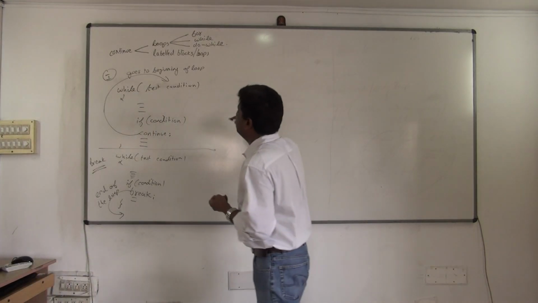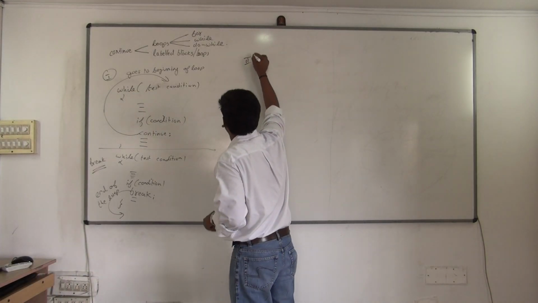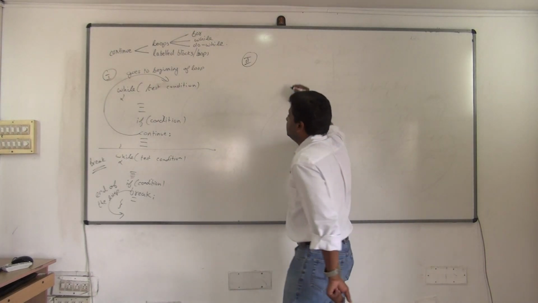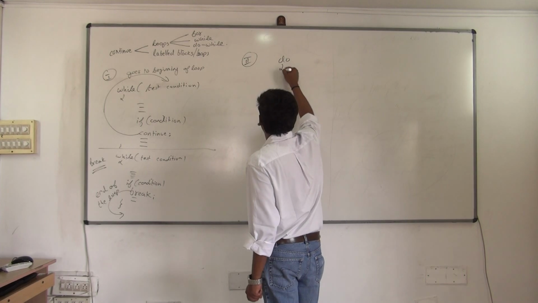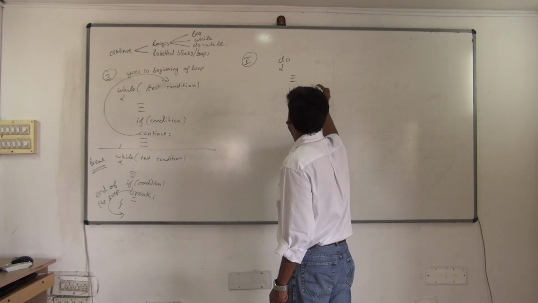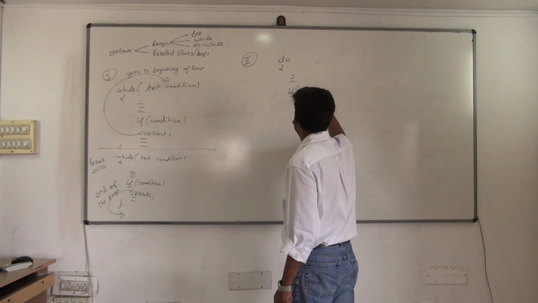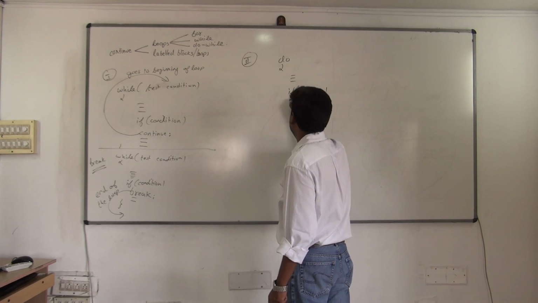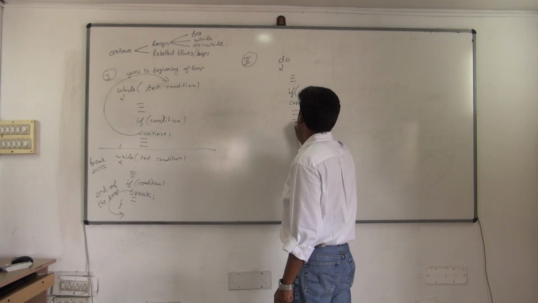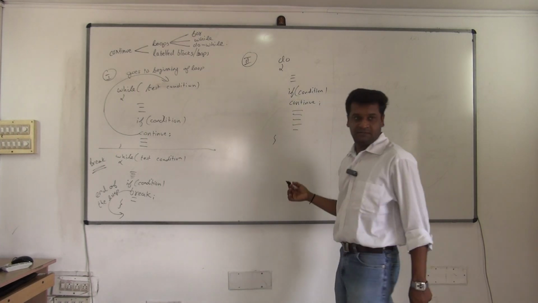Okay, that's with while now. Next scenario we'll see with do while. Continue in do while. So I'll write do, then I'll write some statements, then I can write if condition continue. So here also, early iteration.